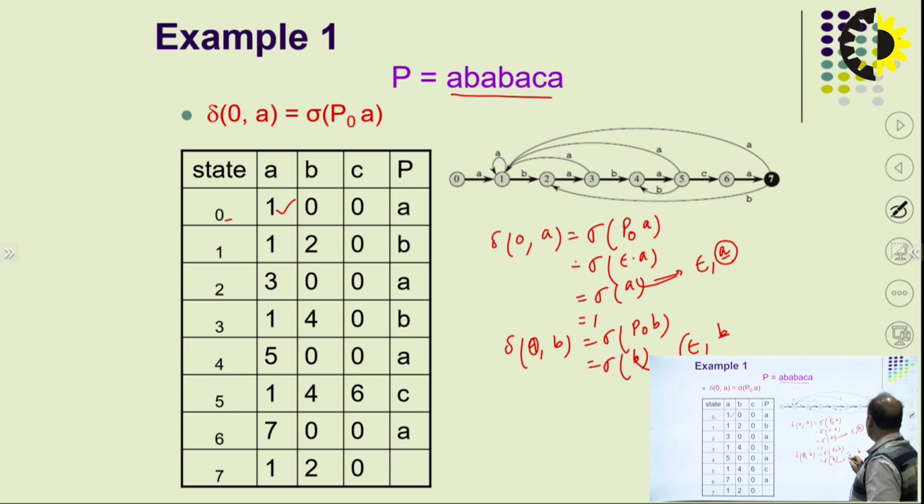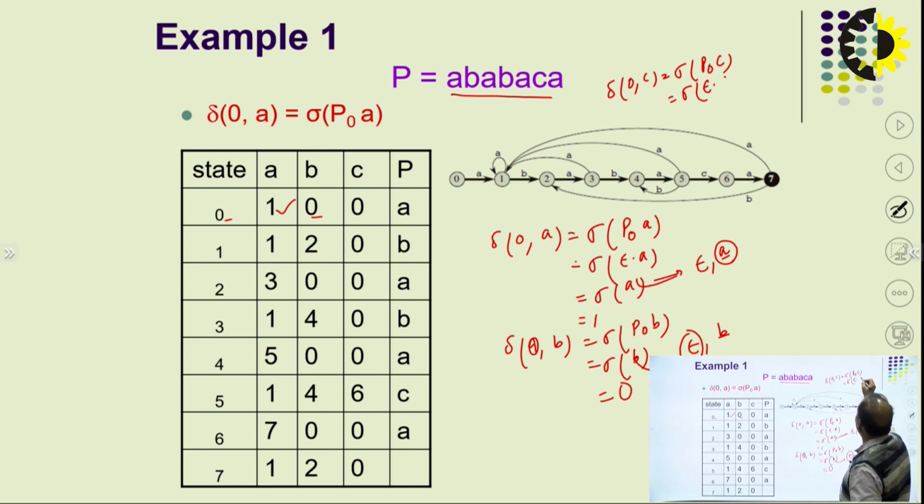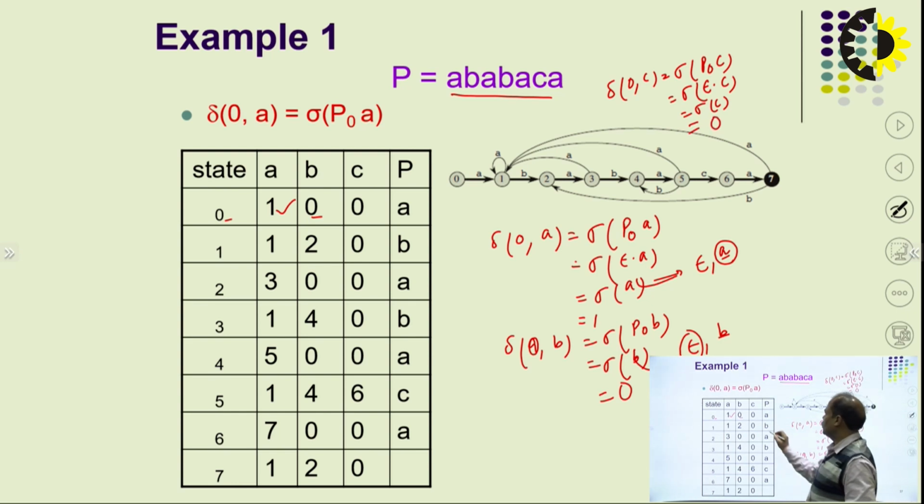So the only matching suffix is epsilon, so this becomes 0. Same thing for delta of 0 comma c, which is sigma of P0 c, that is epsilon into c. So sigma of c, and c is not a prefix of this pattern, so definitely its answer is 0. This is how it is done.